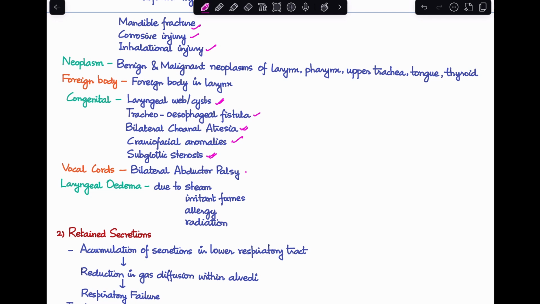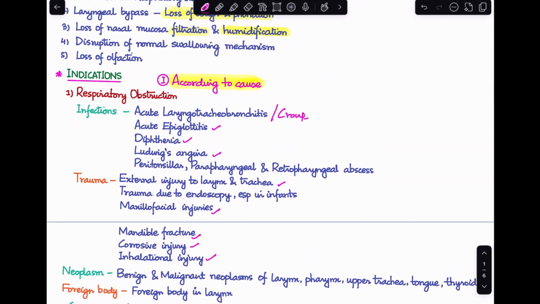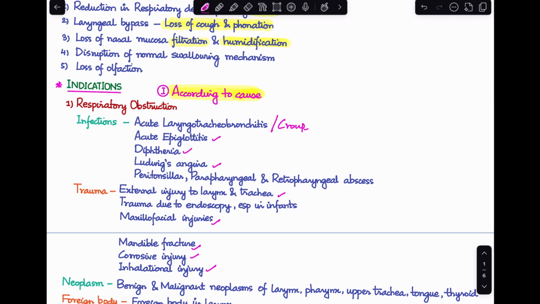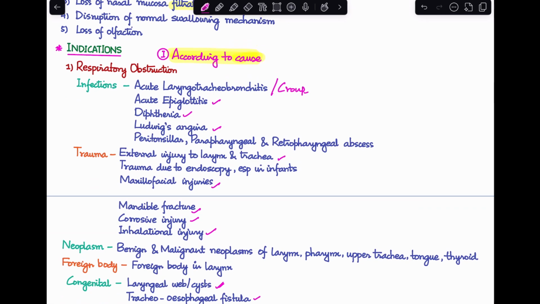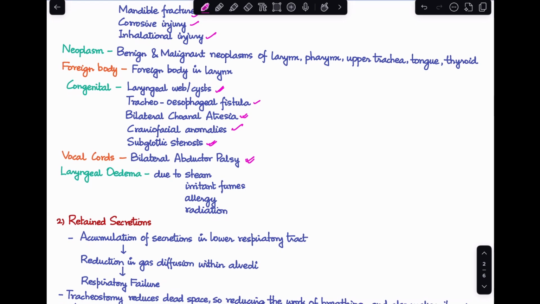If there is a bilateral abductor palsy, that is also an indication for doing a tracheostomy. And lastly, if there is any kind of laryngeal edema because of steam, irritant fumes, allergy, radiation, etc. So, these are all our causes which will lead to respiratory obstruction, and hence that will become an indication for performing tracheostomy. Second indication is if there is retained secretions.